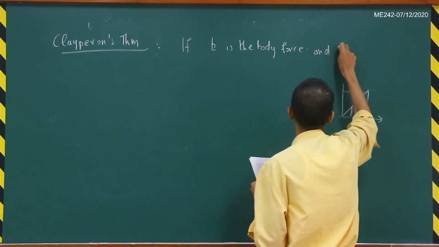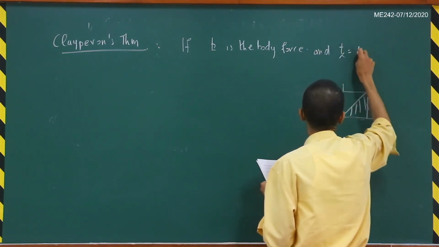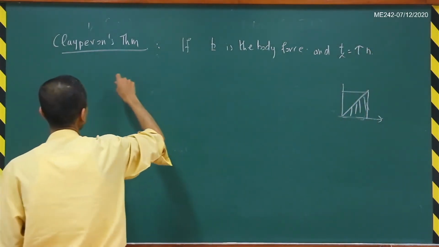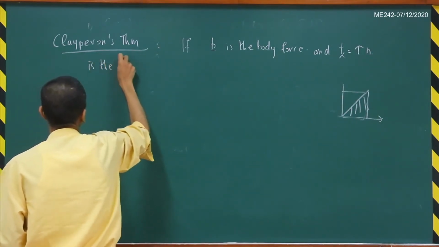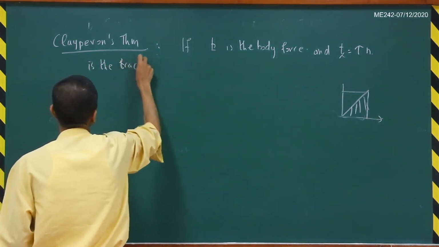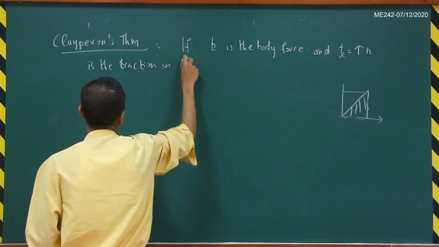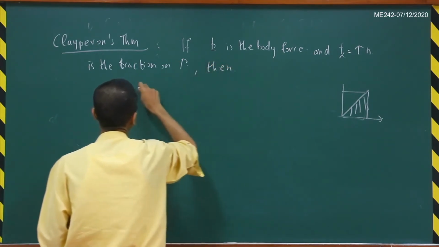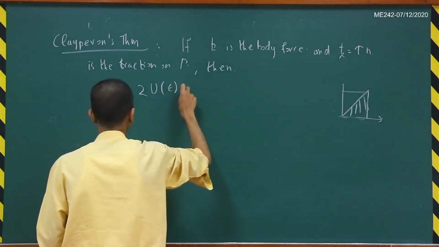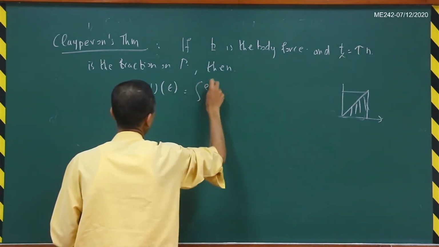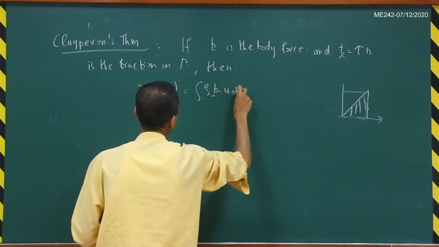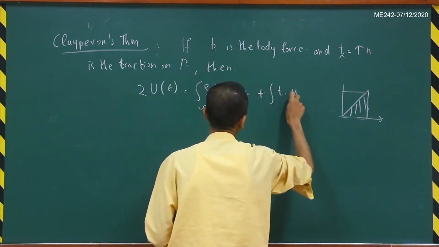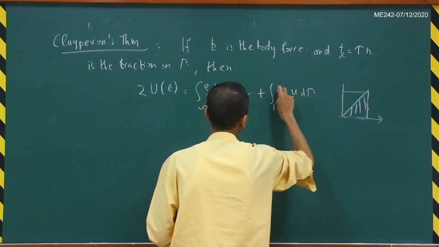Okay. So if B is the body force, and T is equal to tau times n, is the traction on gamma, then 2 times U of epsilon is equal to integral of rho b dot u d omega plus integral of t dot u d gamma over gamma.